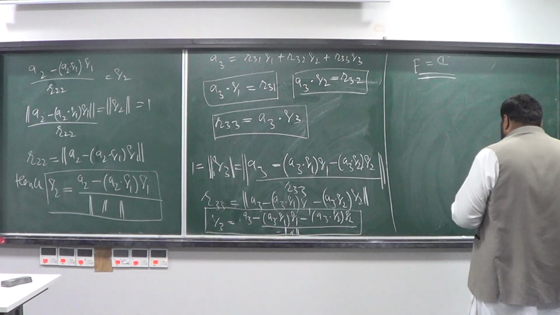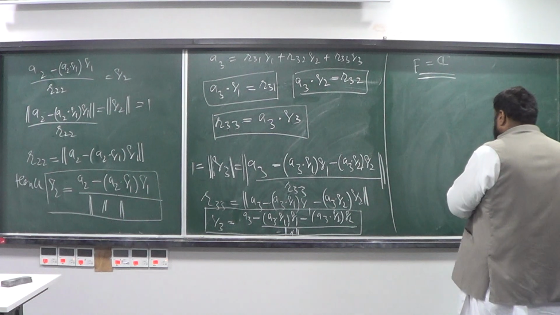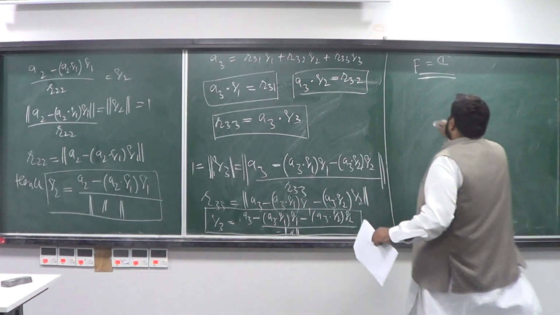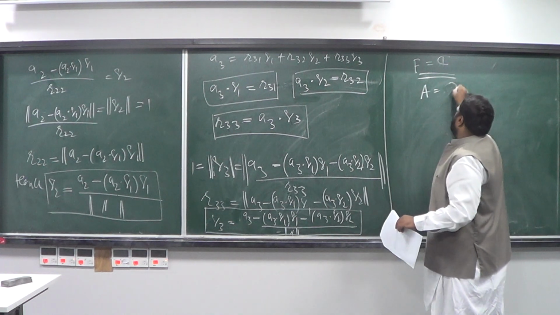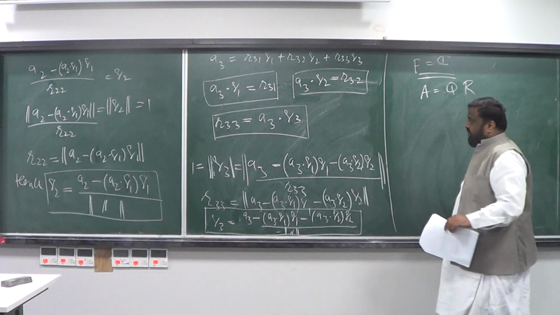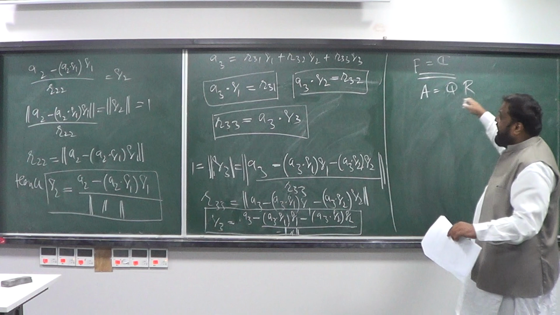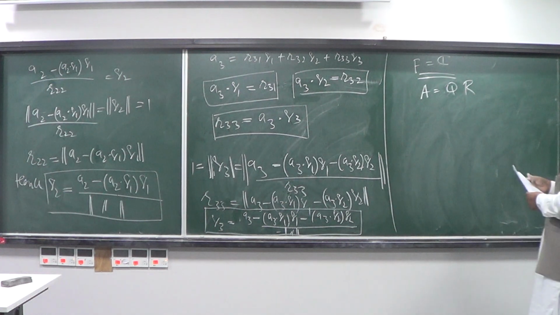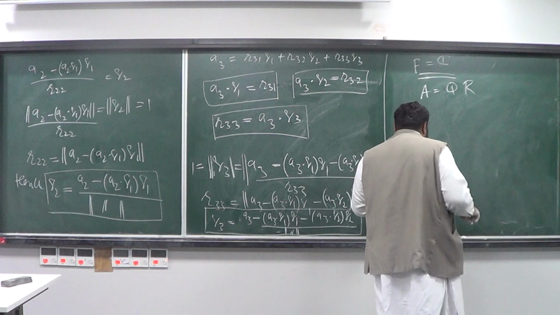So here is the direct algorithm. If I have a matrix A and you want to factorize it in terms of Q, where Q has columns Q1, Q2, Q3, R is the matrix as I mentioned, and A is the matrix as I said, then what you can do is this.